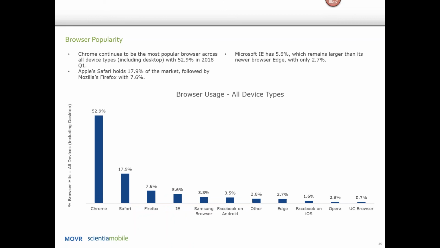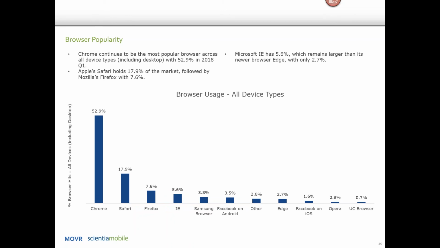So for browsers, Chrome is by far the most popular across all device types. We're including desktops in this figure. They have 52.9% of the market during 2018 first quarter.